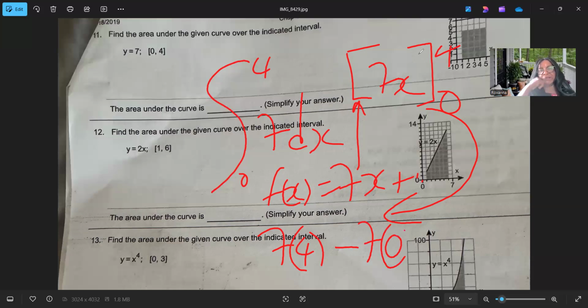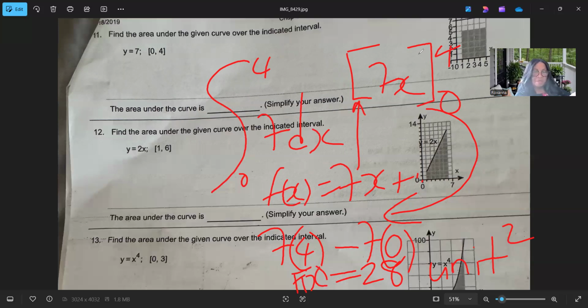The lower bound is 0, and 7 times 0 is 0. 7 times 4 is 28. So my answer is 28, and it is 28 units squared. Why? Because area is squared. Therefore the area of the figure is 28 units squared.